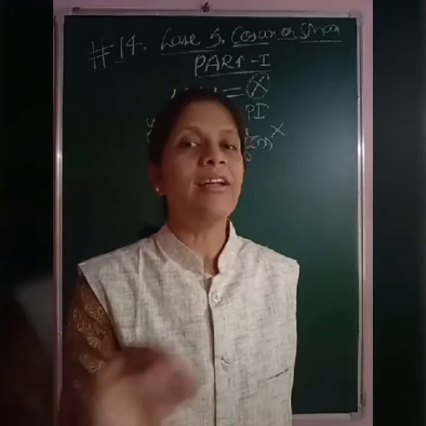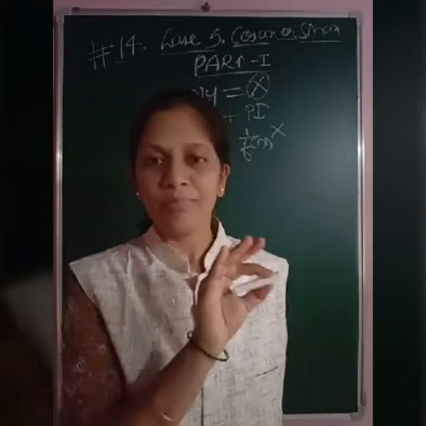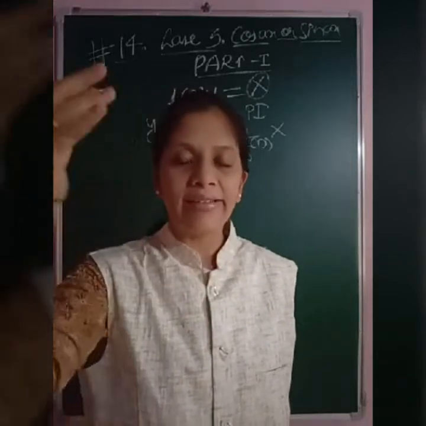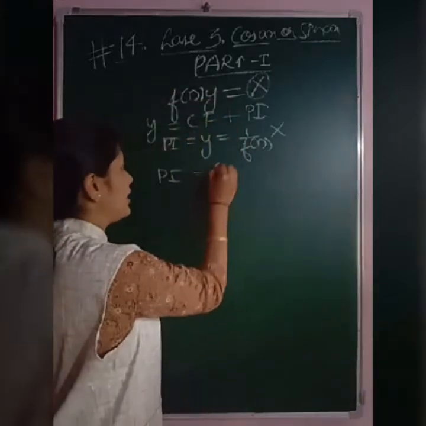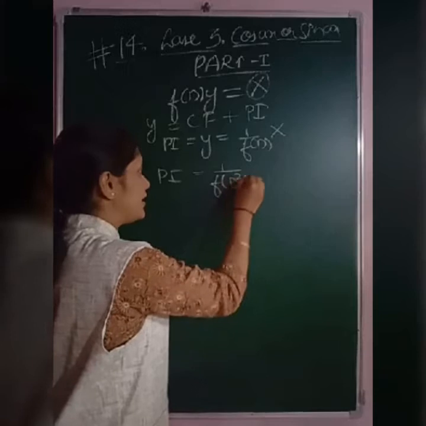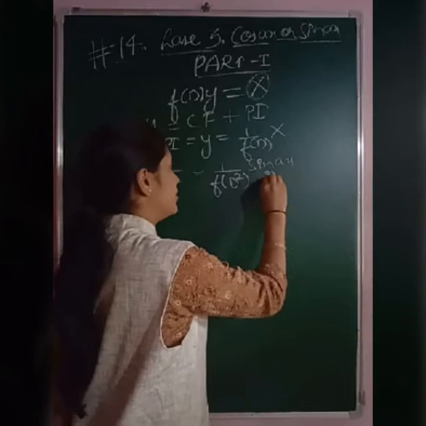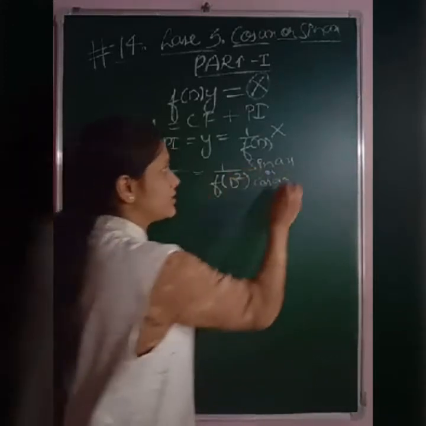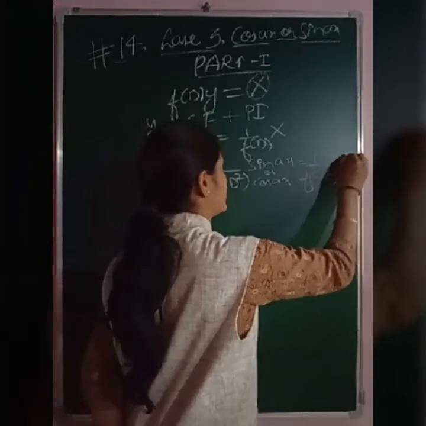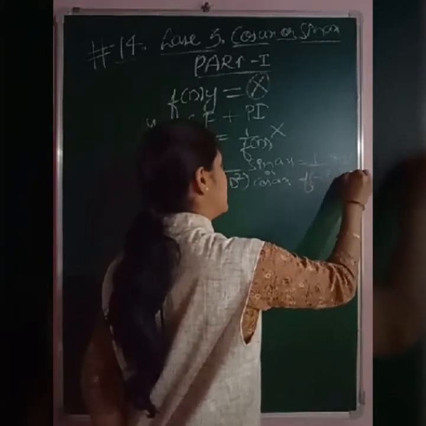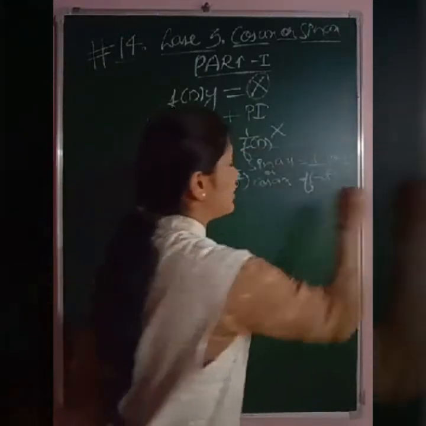Wherever D squared is there, we have to replace it by minus a squared, and we do not know about D. We just know D squared and terms of that, but we do not know about D. So both for cos ax and sin ax, we can find the PI in the above form.